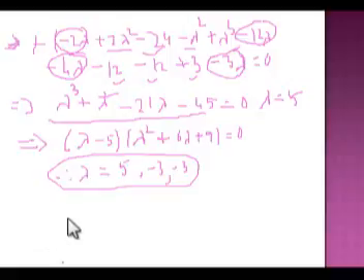To find out the eigenvector we have to solve A minus lambda I into x is equal to 0.